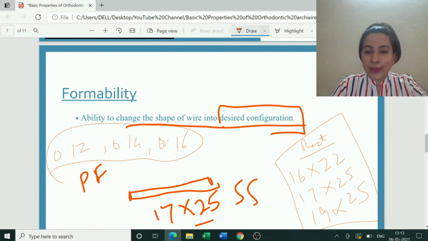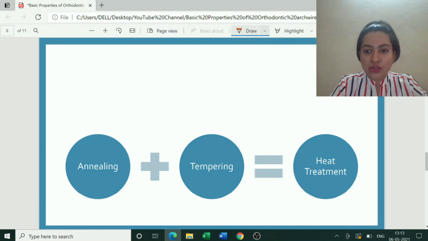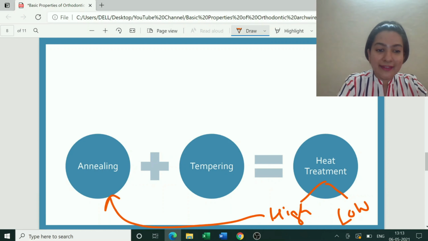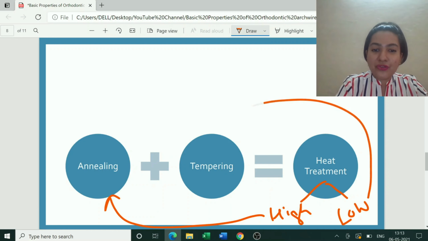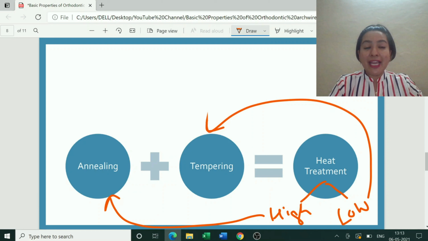Next thing, heat treatment. The next property of arch wire is heat treatment. Broad classification first. Heat treatment can either be high heat treatment or low heat treatment. If it is a high heat treatment, it is called annealing, and if it is a low heat treatment, it is called tempering. So annealing and tempering come under the broad category of heat treatment, just like soldering and welding come under the broad category of joinability.